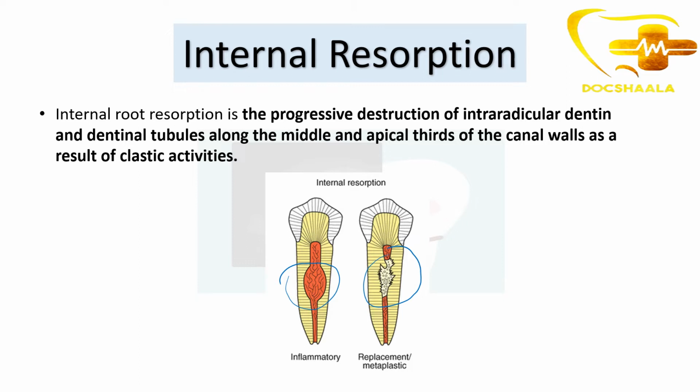Internal root resorption is the progressive destruction of the intraradicular dentin and dentinal tubules along the middle and apical thirds of the canal walls as a result of clastic activities. You have to remember this.